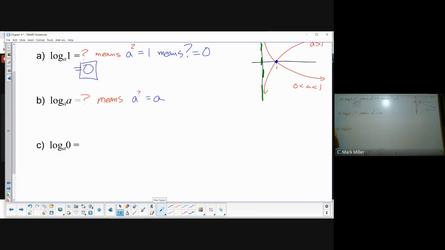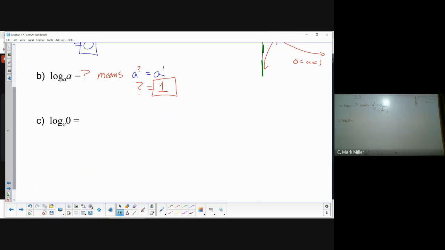What power do you have to raise A to get A? Well, A is A to the 1. Equal bases means question mark equals 1. So the power you have to raise A to get itself is 1. That makes sense. How about this one?